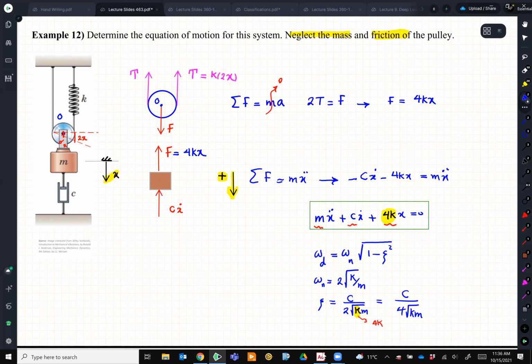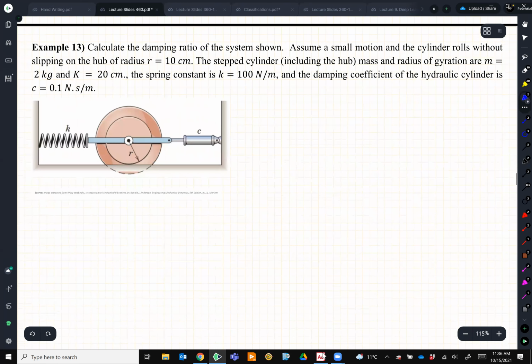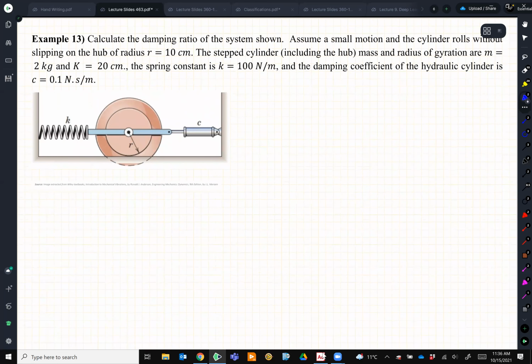All right, so if you're done, let's now take a look at this question. So what do we have here? We have a wheel. Apparently, this wheel and hub, I can guess it's a model for maybe a train because they have some sort of similar system. But for now, we just look at the problem conceptually.